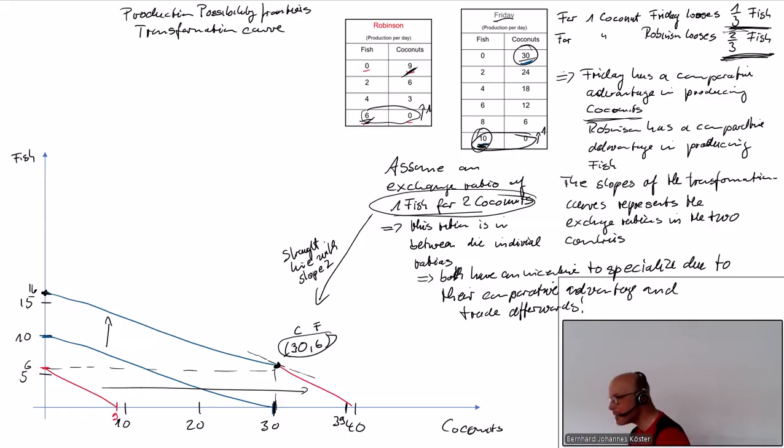Well, within this basket, we have already 30 coconuts. So a value of 30. With an exchange ratio of 1 fish for 2 coconuts, what is the value of 6 fish measured in coconuts given this ratio?